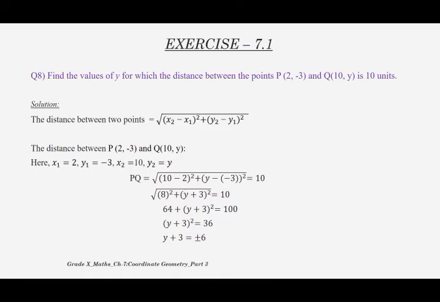Squaring on both the sides, 64 plus (y plus 3) the whole square is 100. So (y plus 3) the whole square is 36. No need to open the square. We leave it as such. Take the root. So y plus 3 is plus or minus 6. Don't write only 6. It is plus or minus 6.